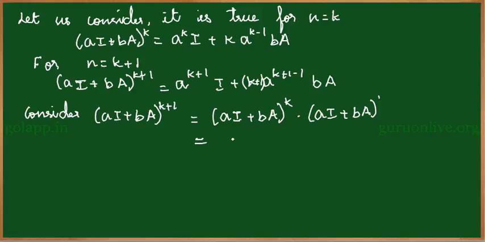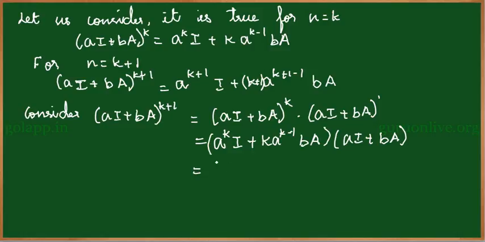So we have an equation for n equal to k. Substitute here. This will be equal to (a^k I plus k a^(k-1) bA) into (aI + bA).